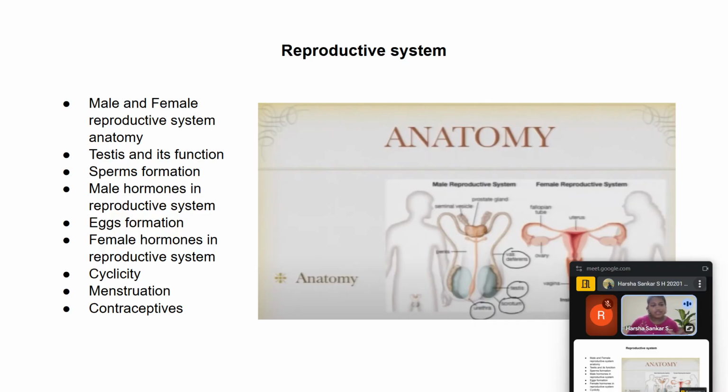It's an average 28-day cycle, and once in that time an egg is released. There was also menstruation, and sir showed a chart of which hormone is activated at what phase. Sir also mentioned two prevalent contraceptive drugs. These are the brief ideas from each class.